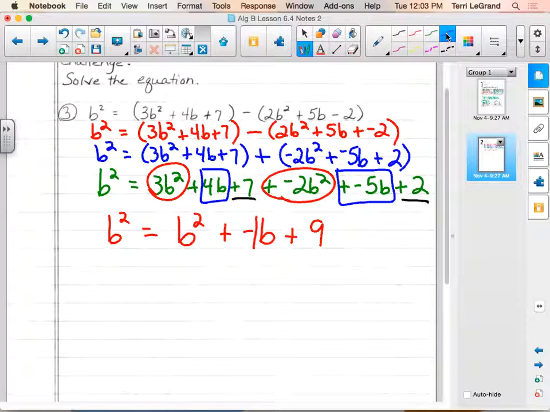What do I have to do? Let's get them moved off of this side right here. What would I have to do to get those b squareds moved? Subtract them. If I subtract them there, I gotta also subtract them on the other side. Well, now we're doing some vertical. B squared take away b squared, 0.